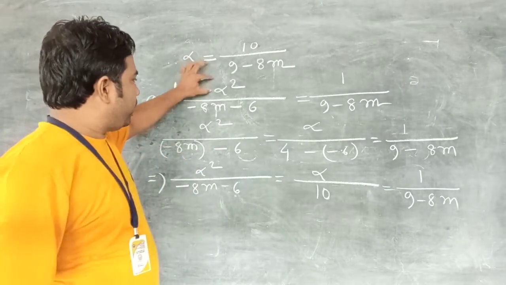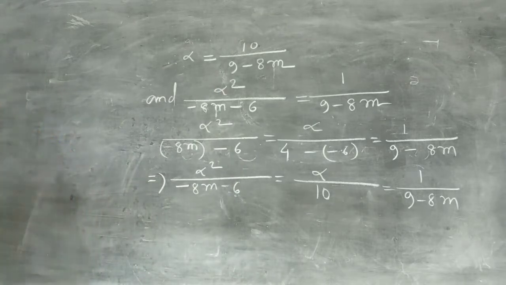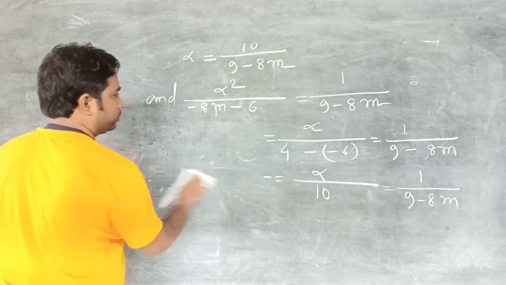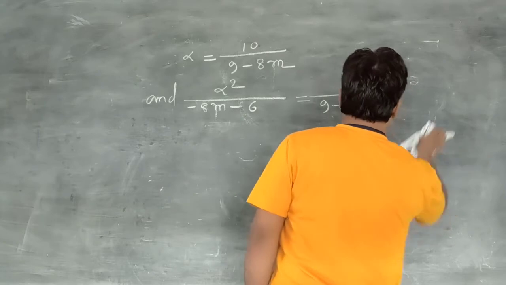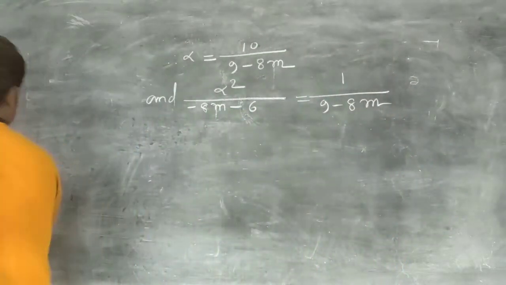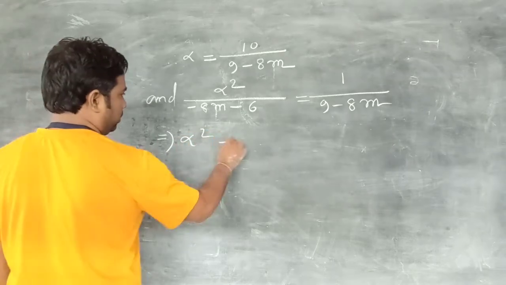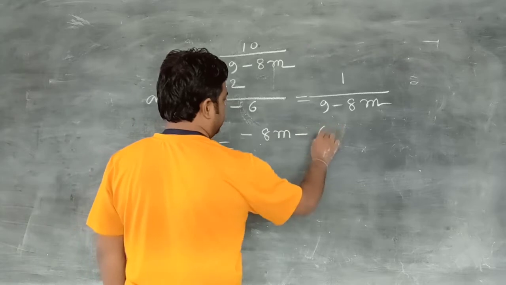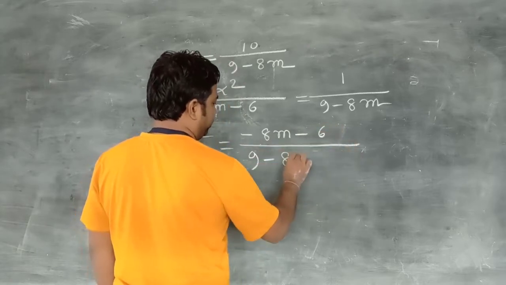So what will be the value of alpha square? This part will go there. So this is equal to minus 8m minus 6 by 9 minus 8m.